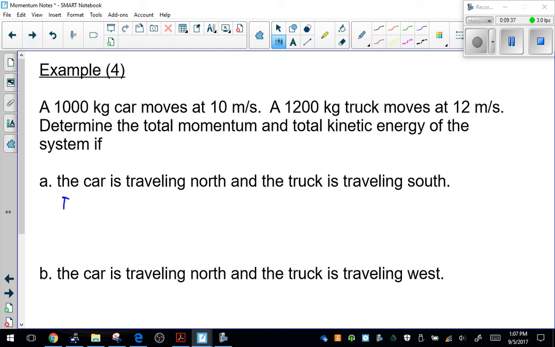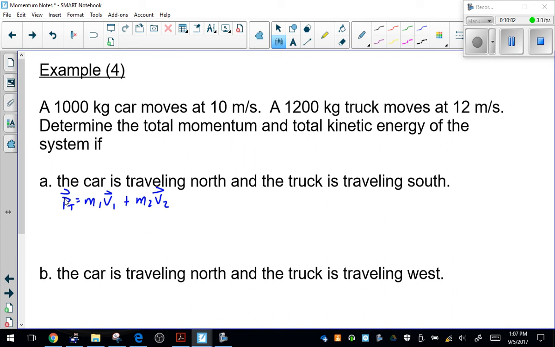If I want to find the momentum of the car and the truck, then I have to add up the momentum of each object. Make sense? Car has a momentum, truck has a momentum, add them up. So I'm going to say the total momentum here is m1 v1 plus m2 v2.